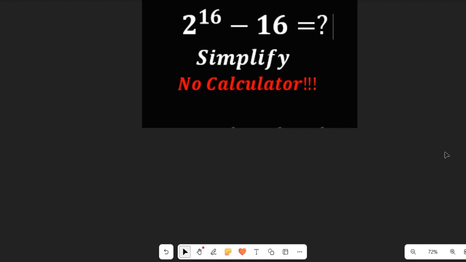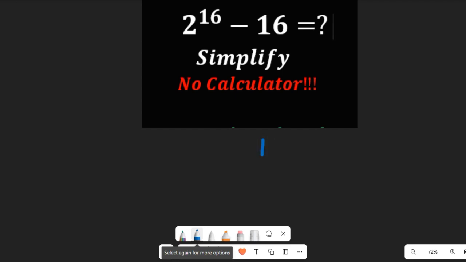Now let's get started. From this expression, you can see that something is unique, and that is 16. Now I can say my 16 can be equal to 2 multiplied by 8, right? So wherever I see 16, I can replace it with 2 multiplied by 8. Now remember that 16 can equally be 4 to the power of 2.